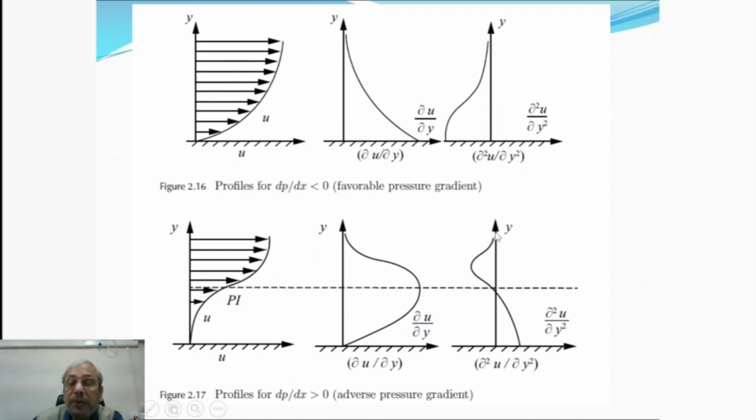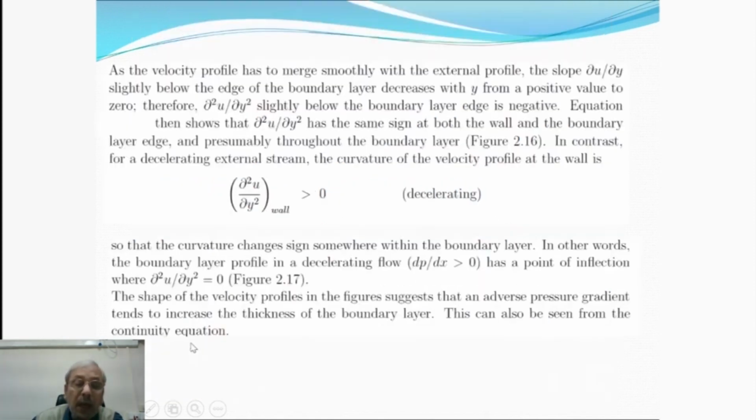This positive to 0 transition takes place once it becomes negative, and then again it slowly reduces and becomes 0. So this is called the point of inflection. And for the adverse pressure gradient, whenever we get a point of inflection, we also get flow separation, or this is the onset of separation at the wall.